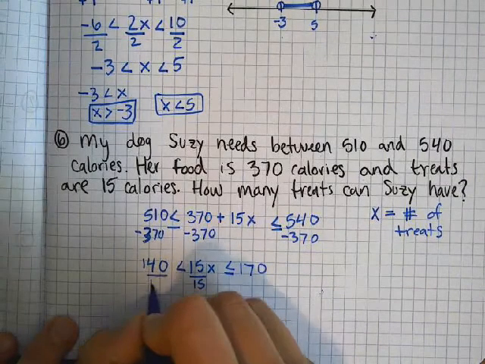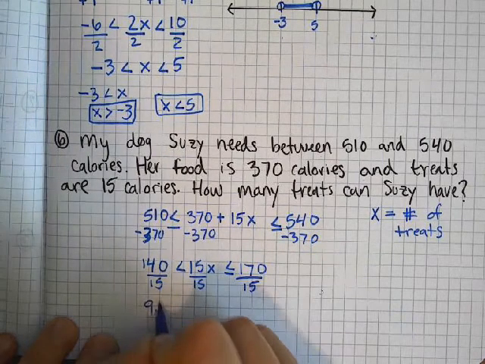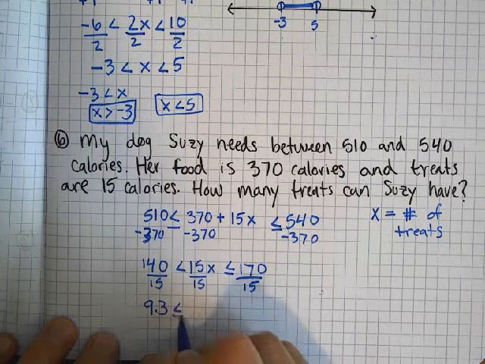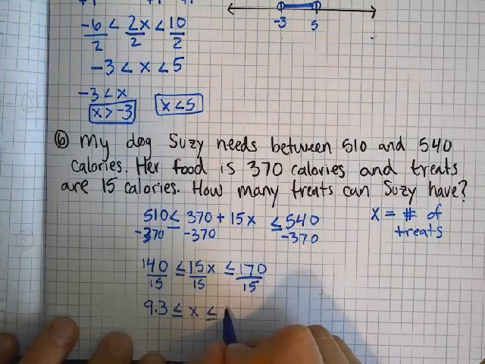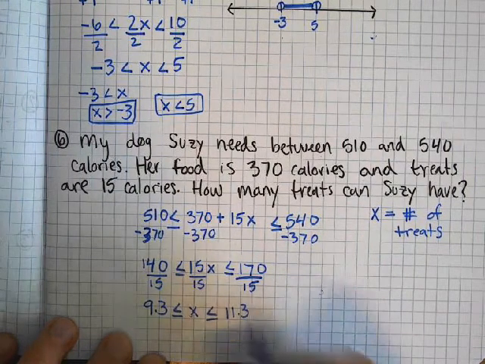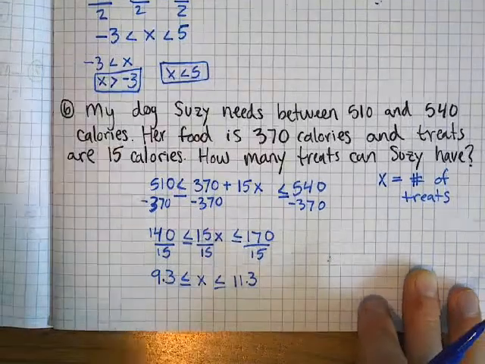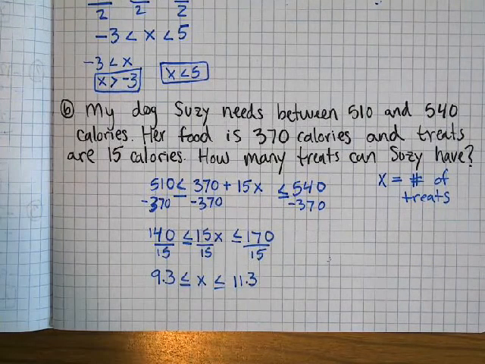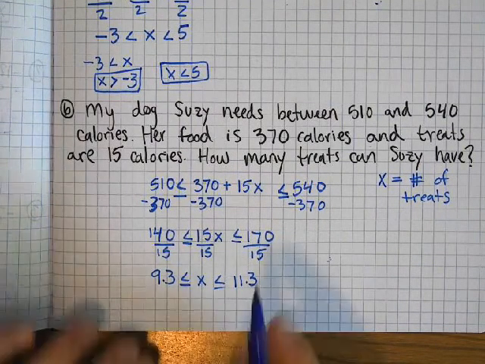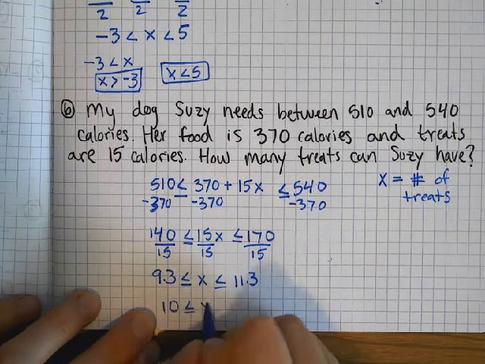All right, so go ahead and divide by 15. And we get 9.3 is less than or equal to x is less than or equal to 11.3. Now let's just assume that we can't break these in half, so we can't give her a third of a dog treat.